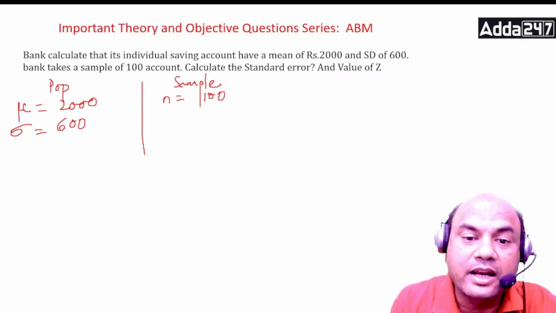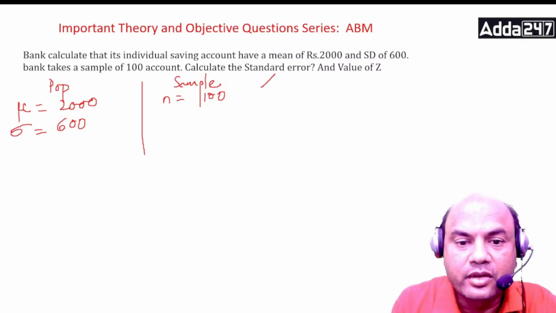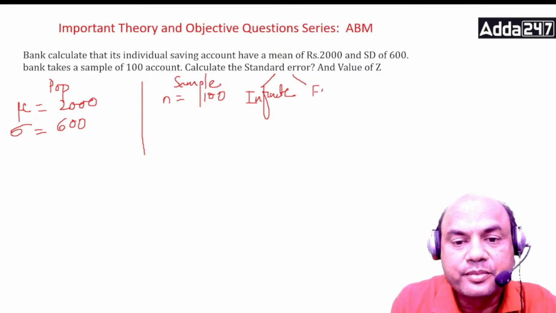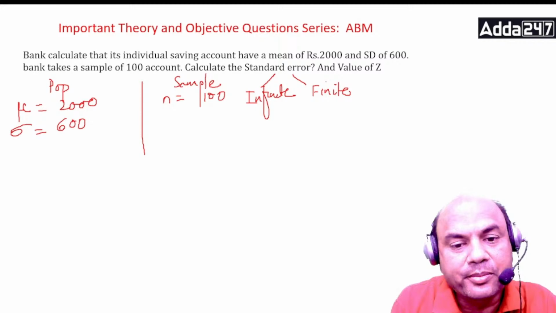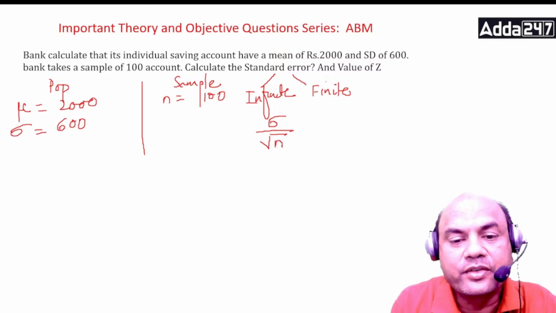So what are the formulae for that? Now standard error has two types. One is infinite population, and second is finite population. For infinite population, the formula is psi upon root of n. Psi means standard deviation, so standard deviation upon root of n.